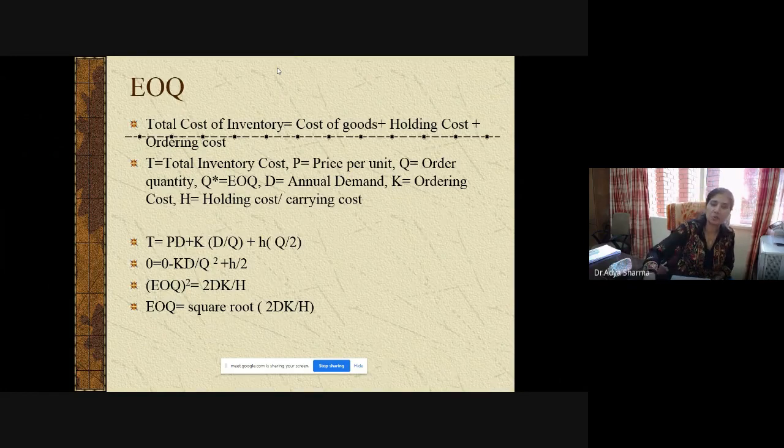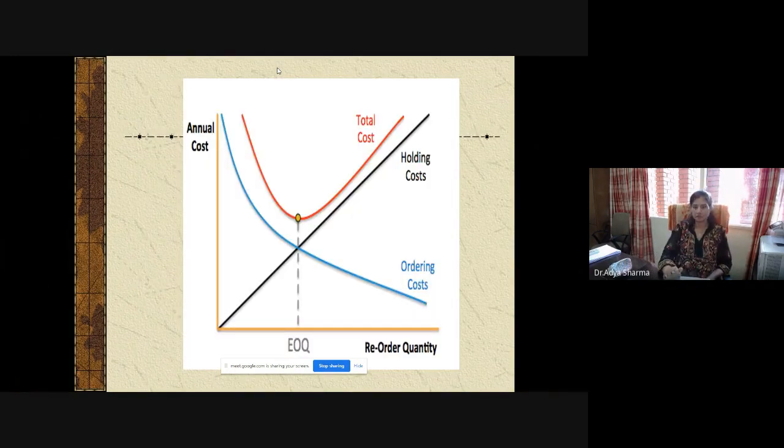To understand it in more detail, look at this graph. There is an ordering cost and there is a holding cost, and this becomes the total cost. This is the point where the cost is minimum, and therefore this point gives us the EOQ.